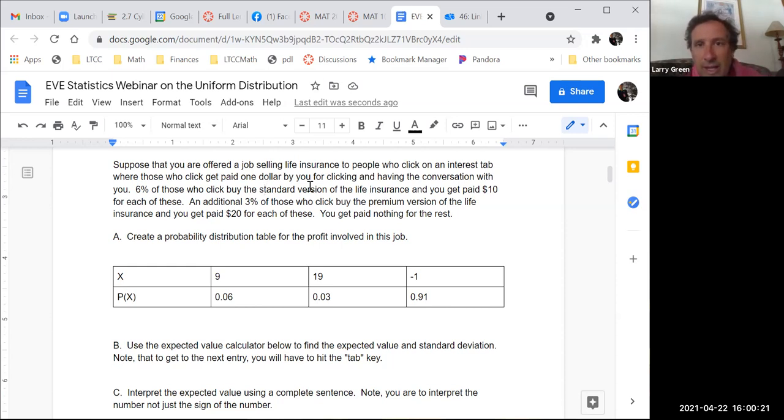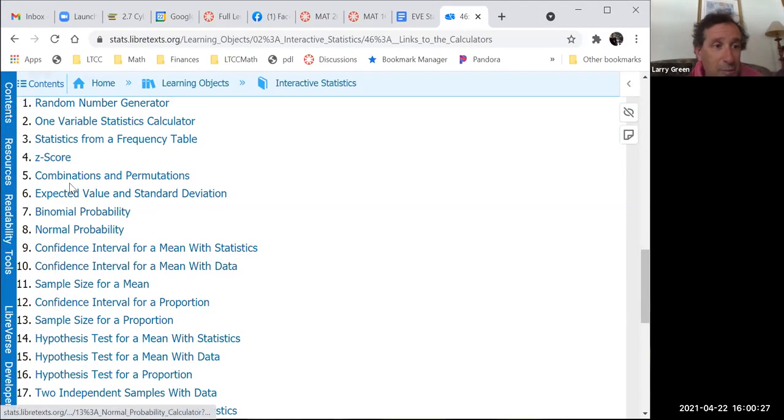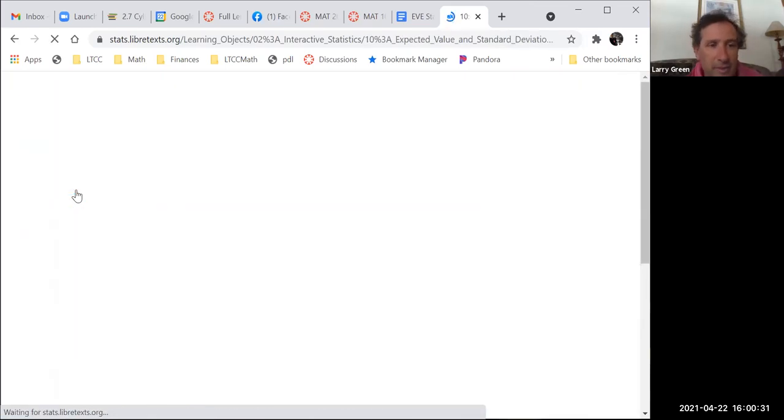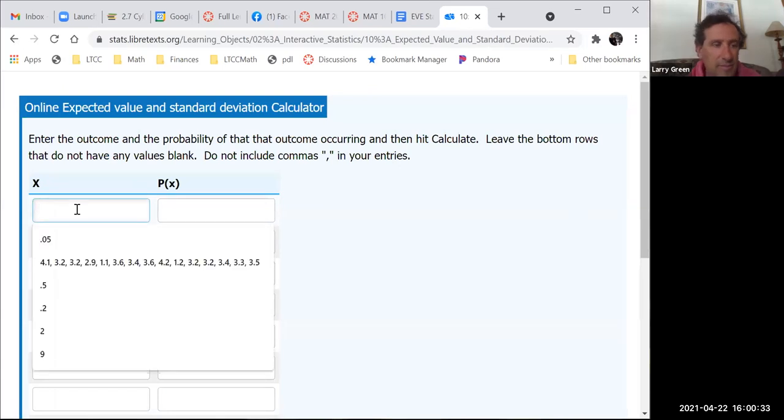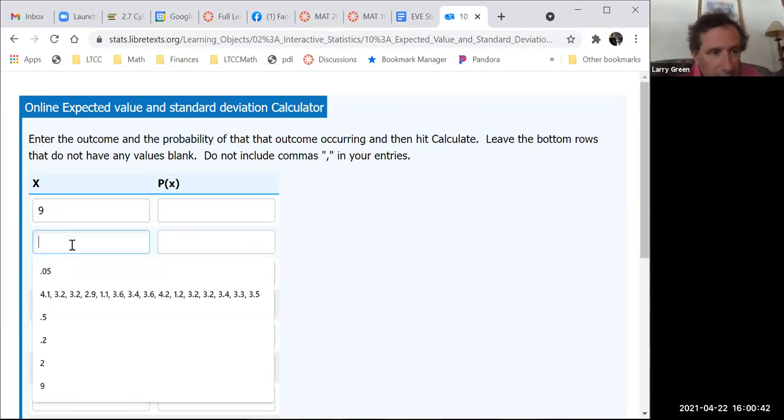So we can go to the calculator, and I'll just pop it in here. We want to find the expected value, so that's expected value calculator. And then the X values are 9, 19, and -1.